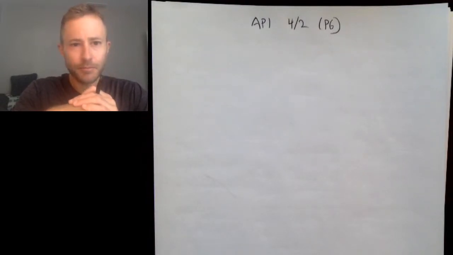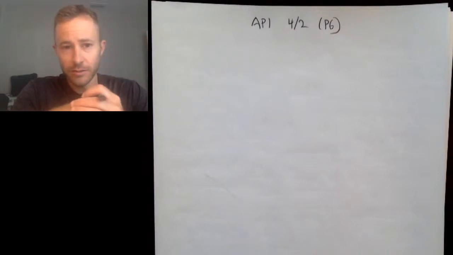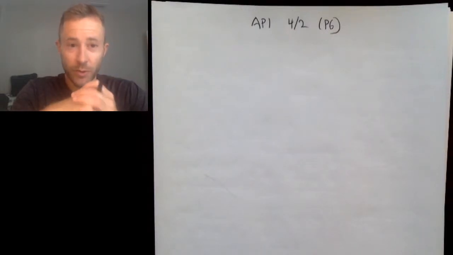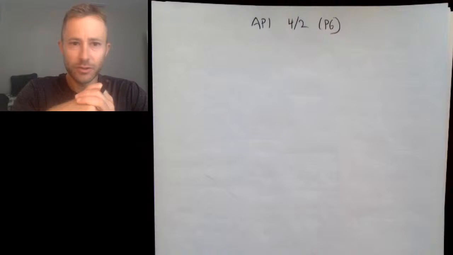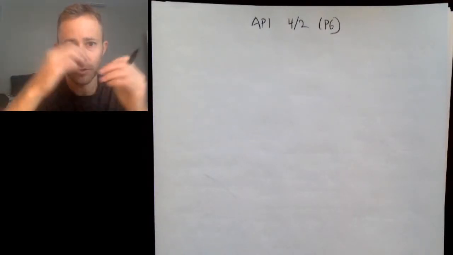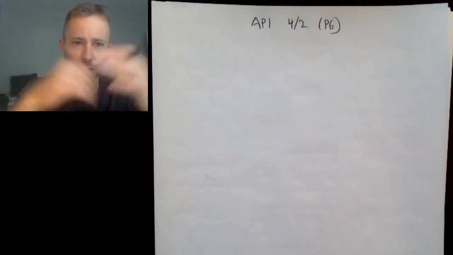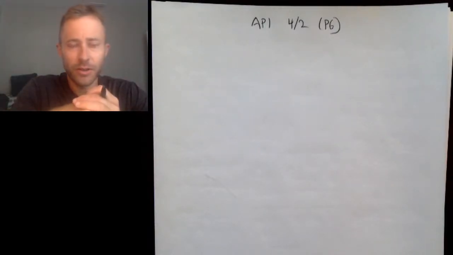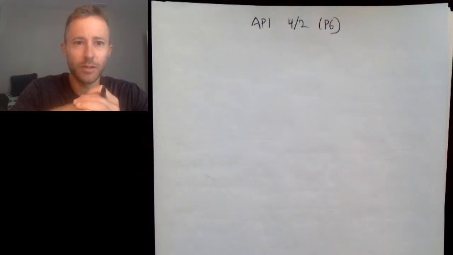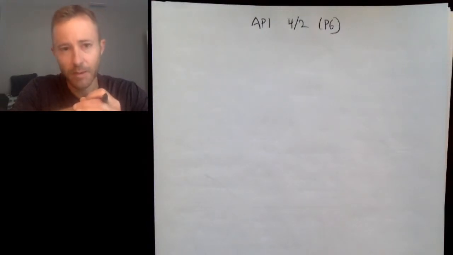So what I'm going to be doing now is reviewing while simultaneously talking about a really important thing that appears on the AP Physics 1 exam, which is experiments, okay?